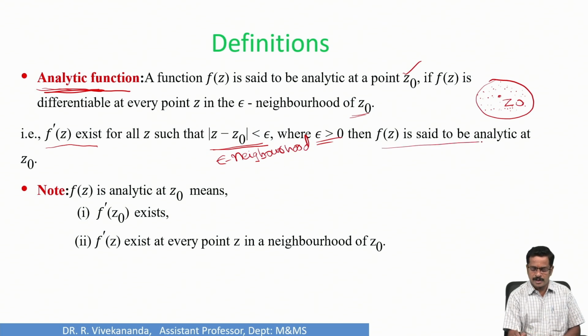Then f(z) is said to be analytic at z naught. F(z) is analytic at z naught means f dash of z naught exists, and f dash of z exists at every point in the neighborhood of z naught. These two points have to be observed for an analytic function. An analytic function is a function that is differentiable everywhere in the neighborhood of that point.